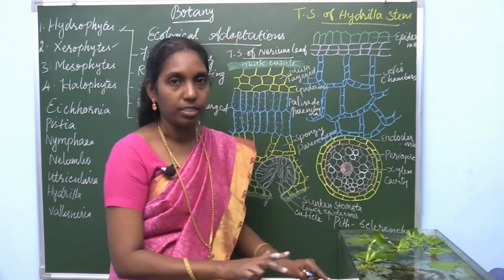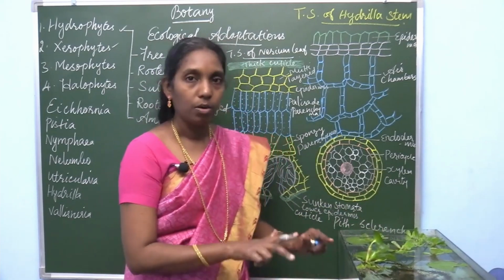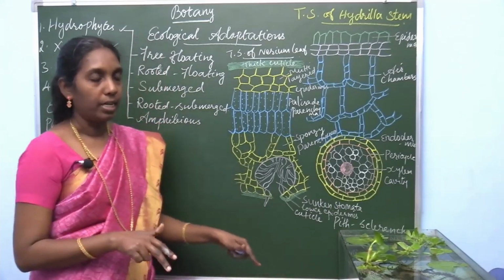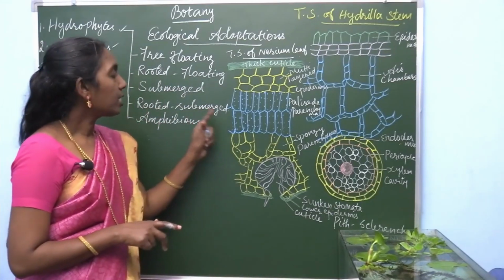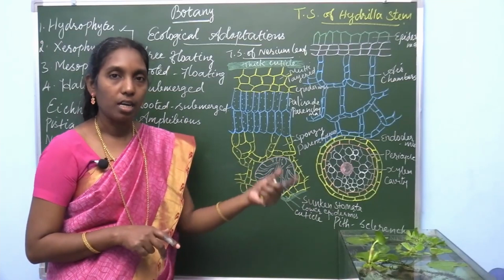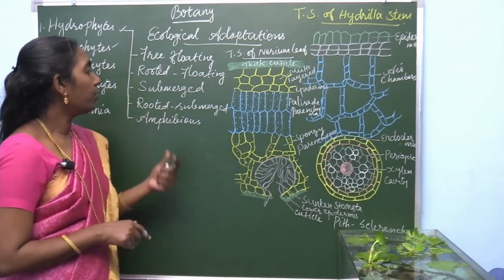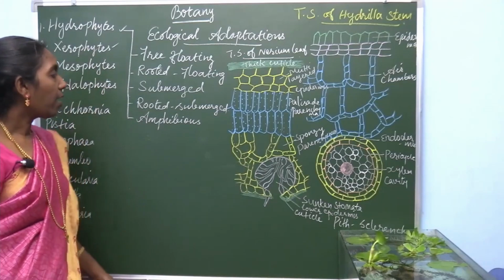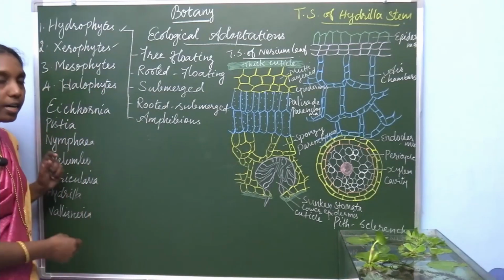It's submerged, immersed within the water, but the root is attached with the mud. So, Vallisneria as well as Hydrilla are examples of rooted submerged hydrophytes. Another example, amphibious hydrophytes, Ranunculus.